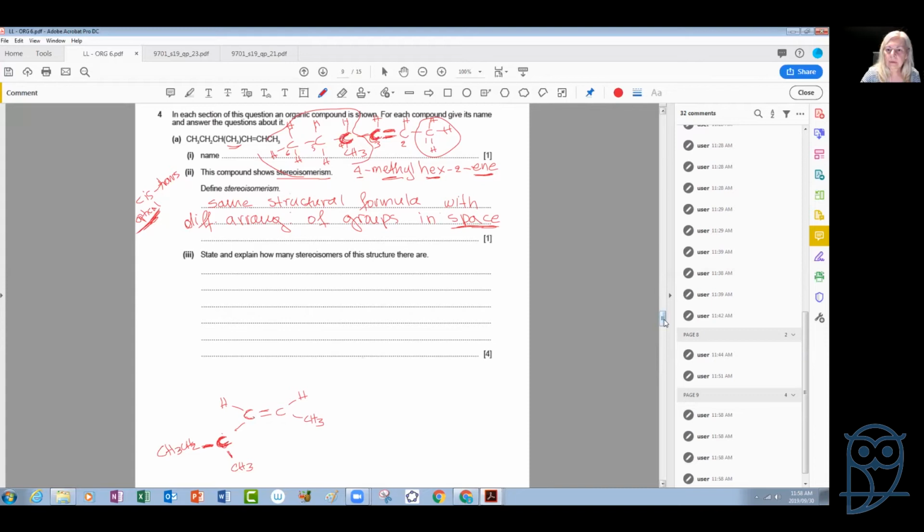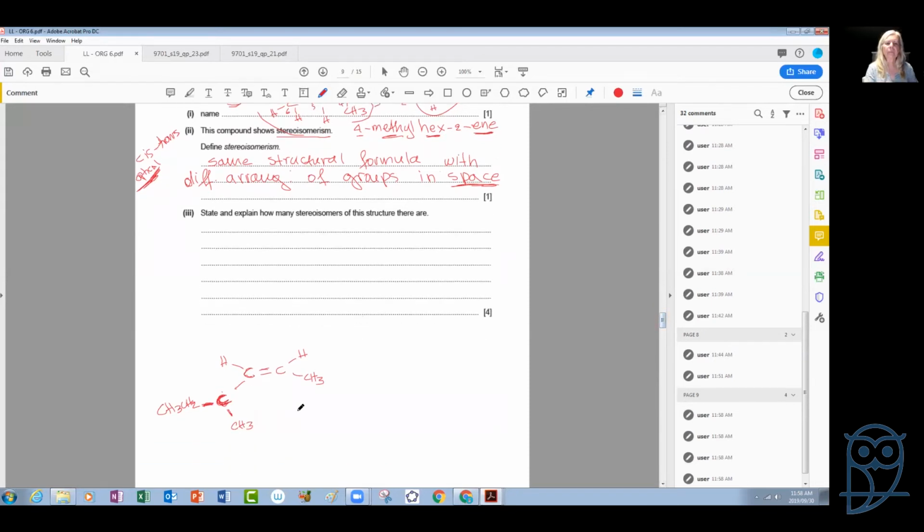If we see it this way, first of all, remember, because of the double bond, this part here is a flat molecule, which means that if all this is put on the top instead of at the bottom, we are talking about a different isomer.